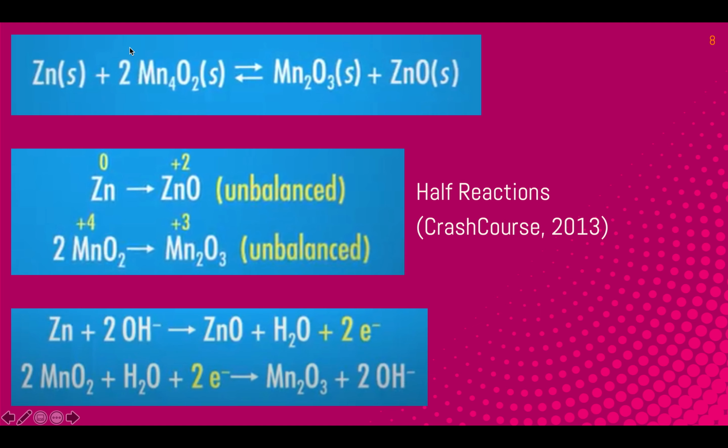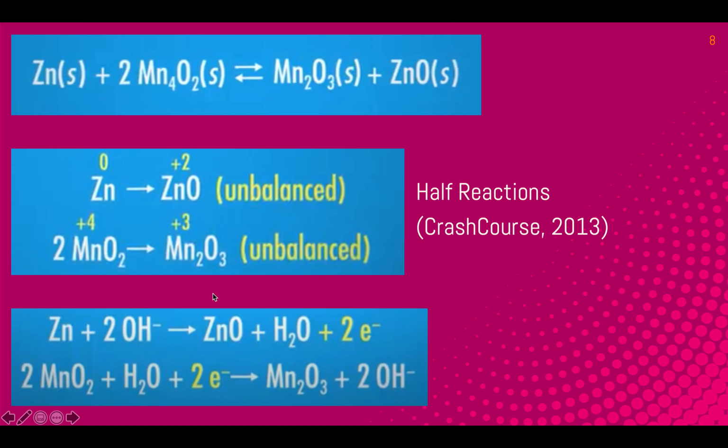But to do this reaction, we are going to have to split it up into two half reactions like we just talked about. So in the first one, we have zinc being oxidized, loses an electron, and turns into a zinc 2 ion. Here you can see with the 2 plus charge. And then at the same time, manganese 4 is being reduced to manganese 3.